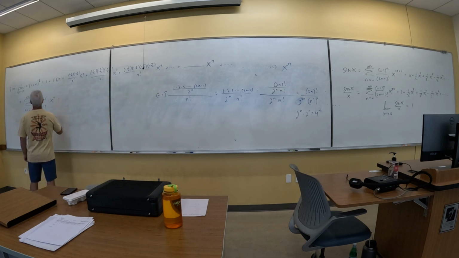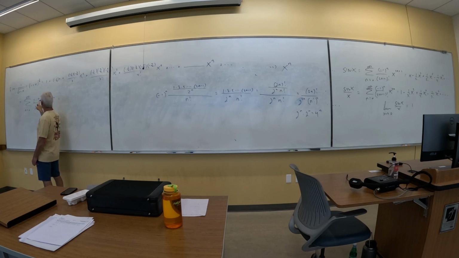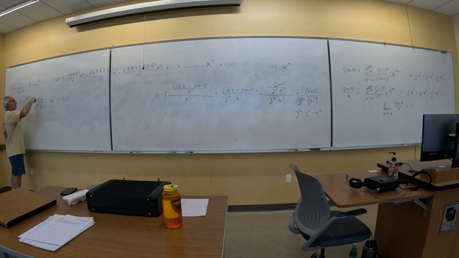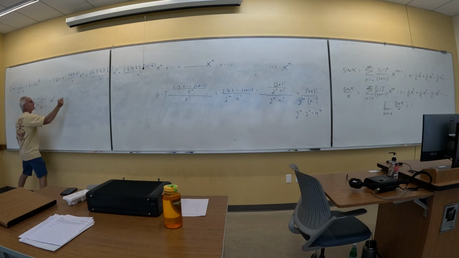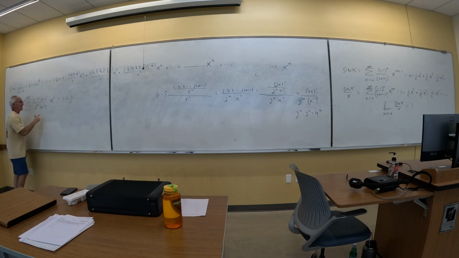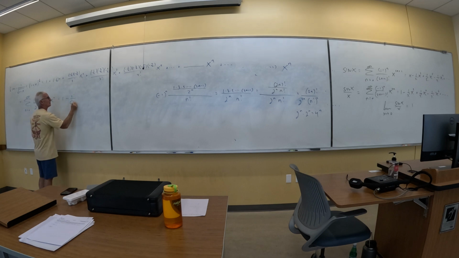Okay? So when n is 0, we get 1 times x to the 0, which is 1. Okay, I got that one covered. Minus. n is 1: 2 factorial over 2 to the second power times 1 factorial squared, times x.